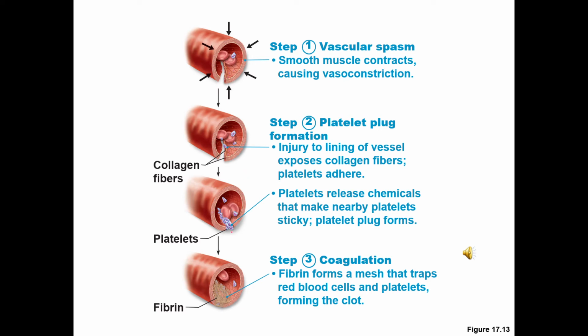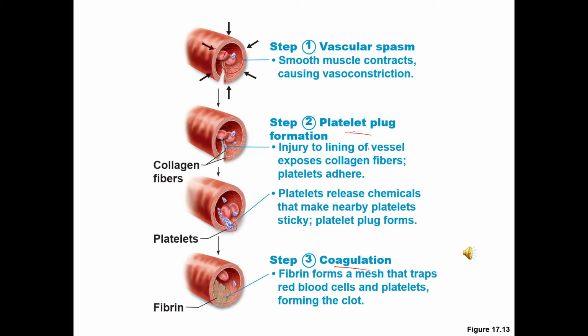And here you see that aggregation of platelets. These are platelets, so platelet plug formation, and this is vascular spasm. The lumen size will get smaller, and then coagulation or blood clot formation will occur by fibrinogens.